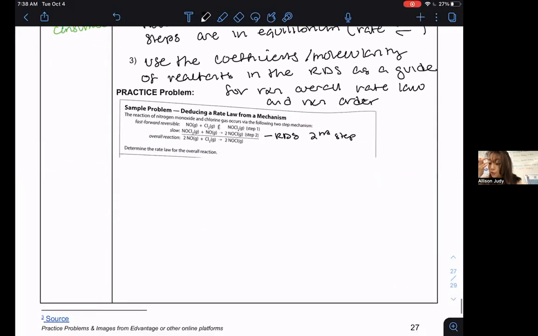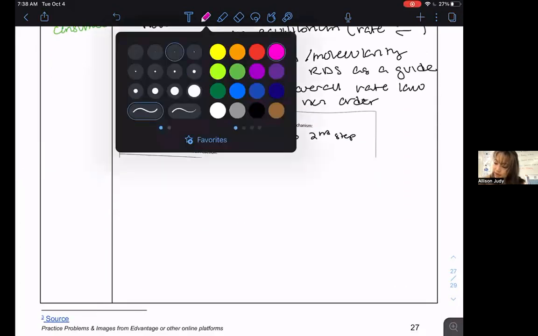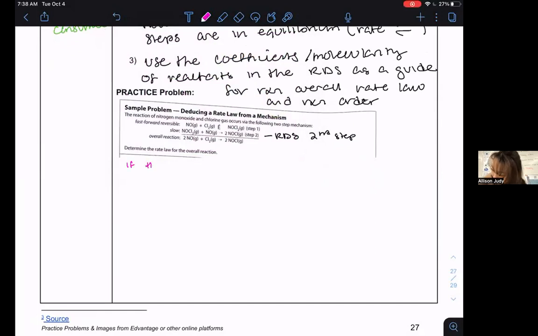So quickly for reference, okay, let's pretend if the RDS was the first reaction, what we could do is we could just say that the rate of the reaction is best estimated through the reaction rate of the first elementary step.